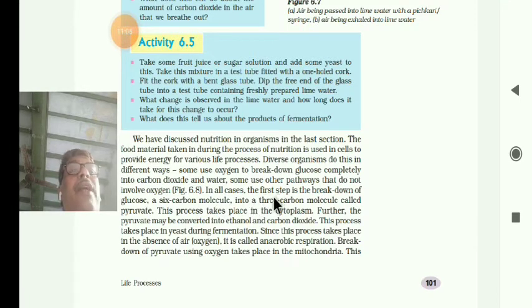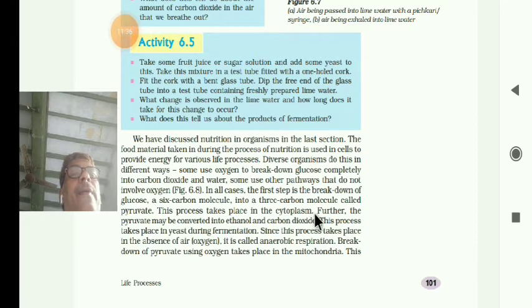In all the cases, the first step is the breakdown of glucose. Whatever it may be, for getting the energy, glucose should be broken down, that is, a 6 carbon molecule into a 3 carbon molecule called pyruvate. This process takes place first in the cytoplasm.